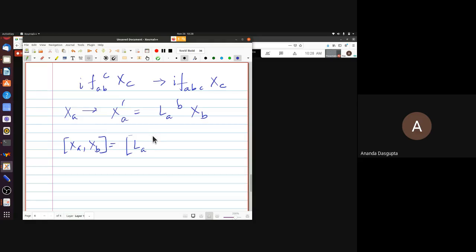Let me just use p and q here, x_p, just so that we keep the indices well separated. I'm going to use indices in the middle of the alphabet here. So this is not correct. This is the changed commutator, [x'_a, x'_b], is going to be this, which of course is L_ap L_bq [x_p, x_q].